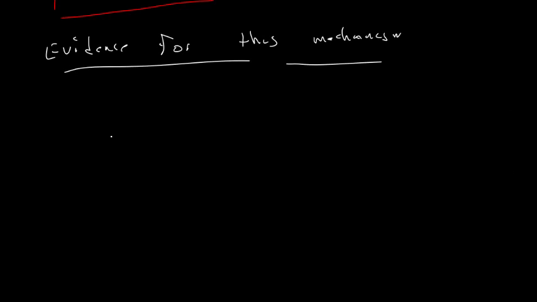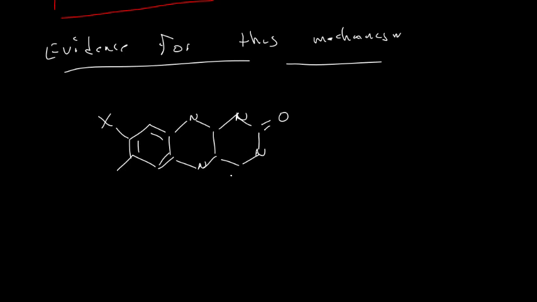What they did was synthesize a variety of different flavin derivatives, where they put different X groups here. So that's FAD or FMN, with these different X groups here.